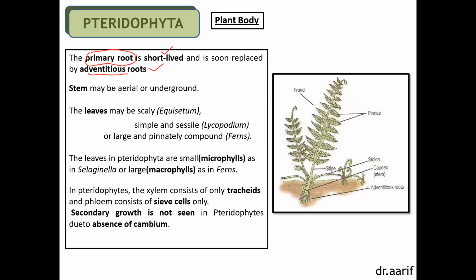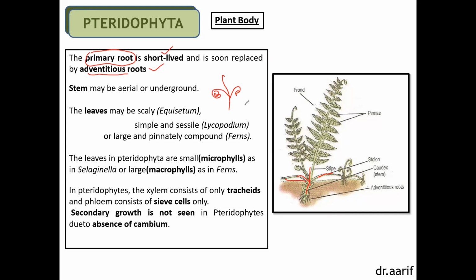Whatever stem we observe here, it is sometimes present above the soil layer, or sometimes it is present below. So underground or aerial. Then leaves may be scaly. Scaly means what? It looks like hairs.